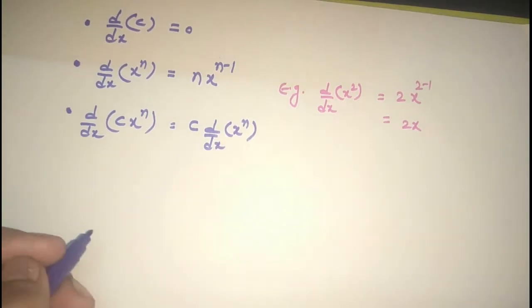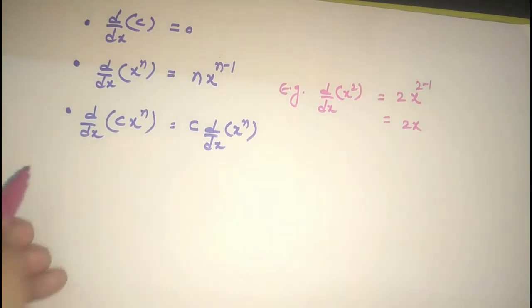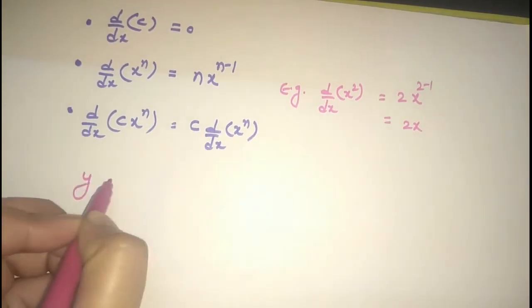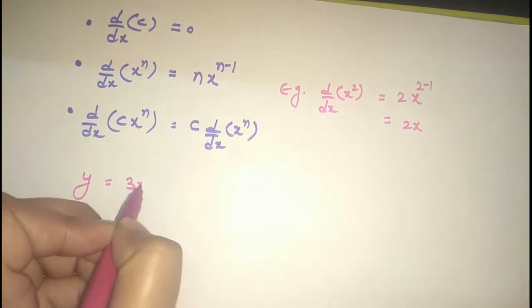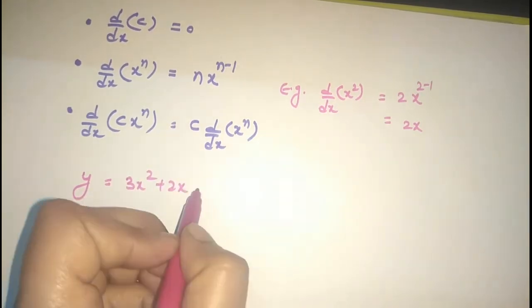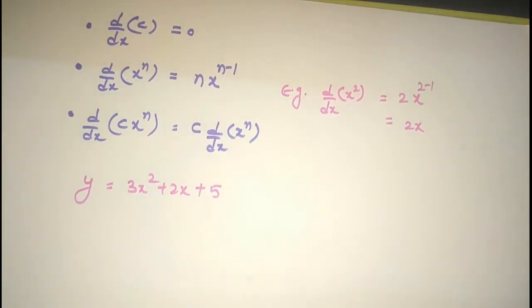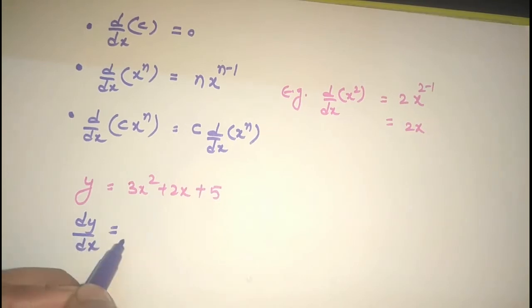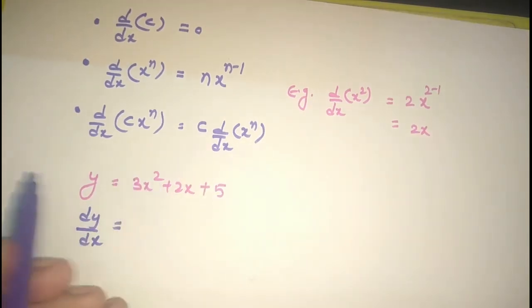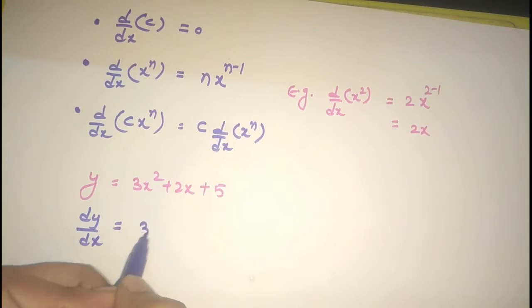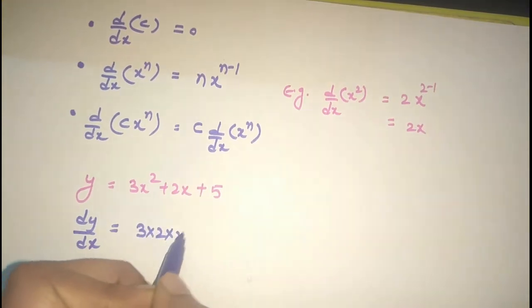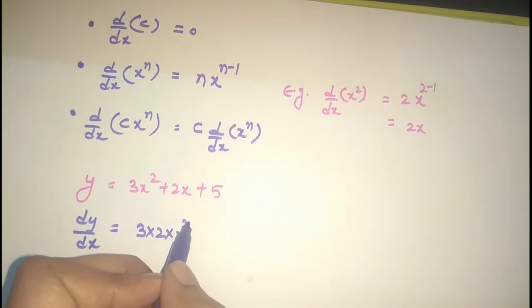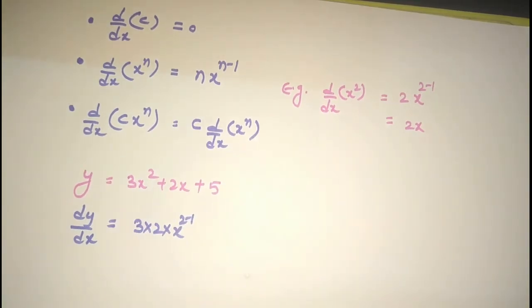Now let's see an example. Like we have y equals 3x square plus 2x plus 5. Now I want to find the derivative of y with respect to x. So dy by dx is equal to, bring 2 in front, that is 3 remains as it is, and 2, and x to the power 2 minus 1. Clear?